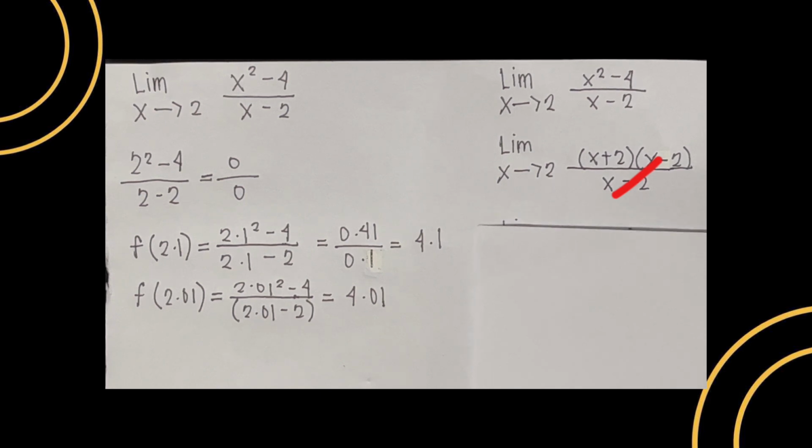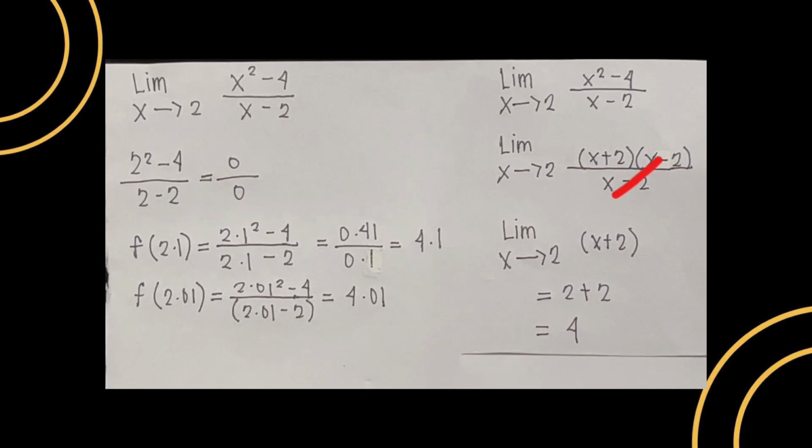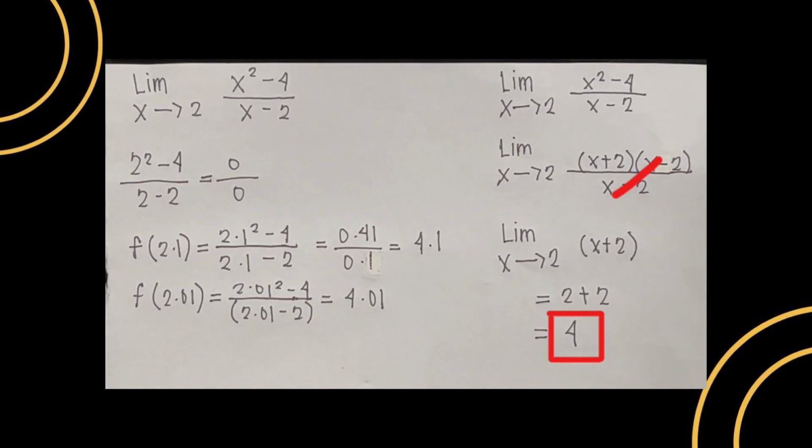Once the term is gone, you can use direct substitution, because the x minus 2 factor was giving us a 0 in the denominator, which we don't want. So now all we need to do is find the limit as x approaches 2 of x plus 2. We can replace x with 2, and 2 plus 2 is 4. And so the limit approaches a value of 4.